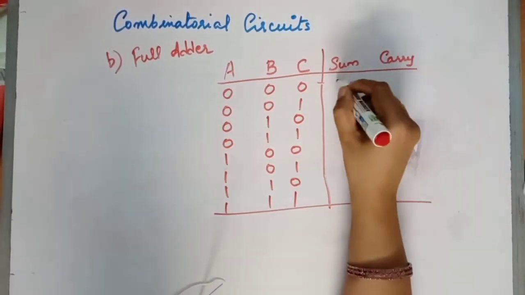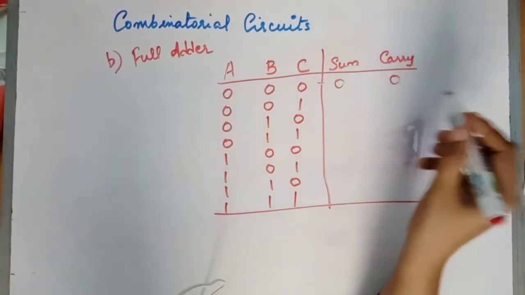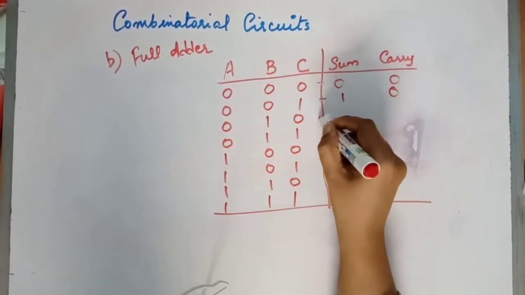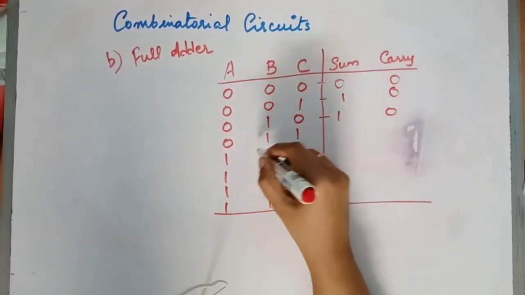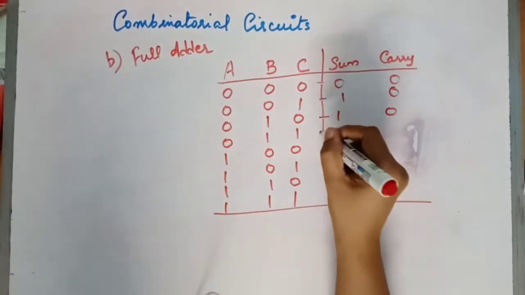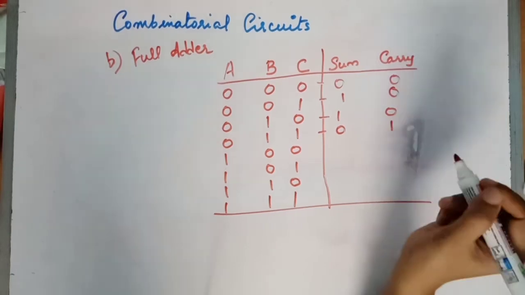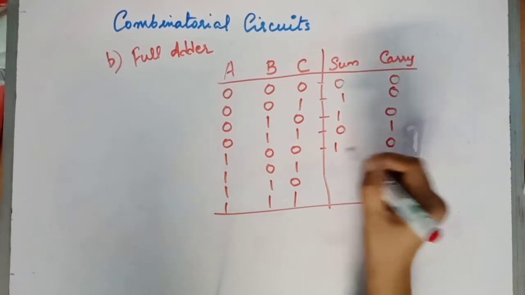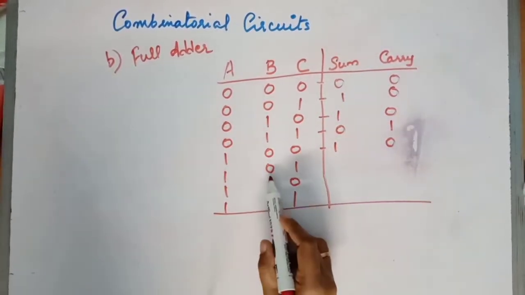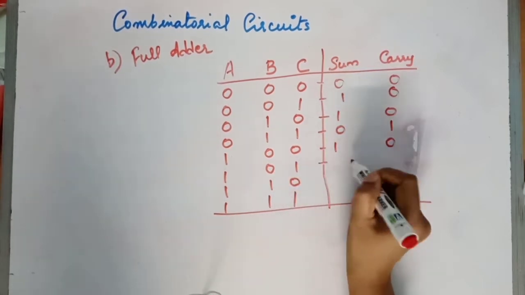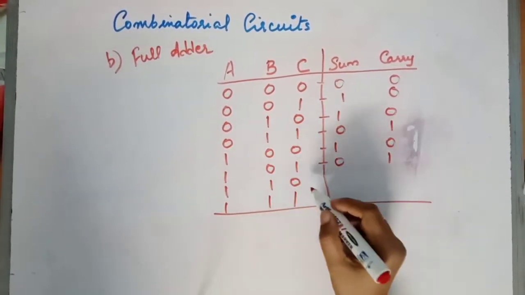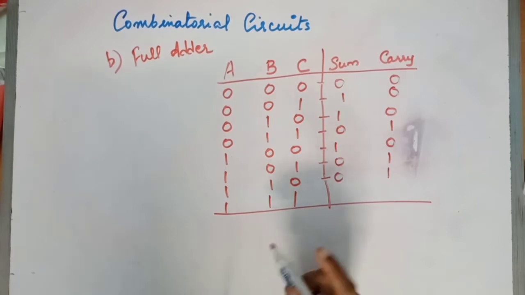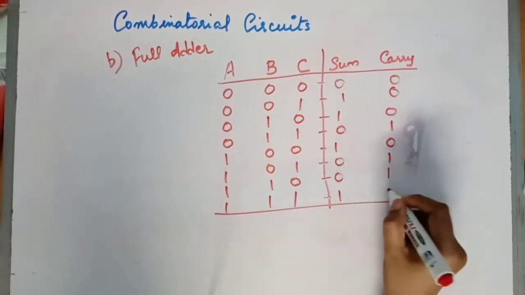So 0 plus 0 plus 0 is 0, carry 0. 0 plus 0 plus 1 is 1, carry 0. 0 plus 1 plus 0 is 1, carry 0. 0 plus 1 is 1, 1 plus 1 is 0 with a carry 1. 1 plus 0 plus 0 is 1 with a carry 0. 1 plus 0 plus 1: 1 plus 0 is 1, 1 plus 1 is 0, carry 1. 1 plus 1 plus 0 is 0, carry 1. 1 plus 1 is 0 with a carry 1, and that 0 plus 1 is 1 with a carry 1.